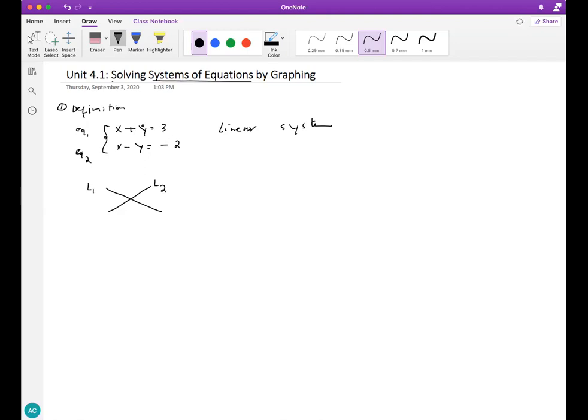When you graph these in the same graph, if they meet, then this is the solution. Sometimes you don't meet at all. When you graph them, they are parallel. These are parallel lines, no solution.